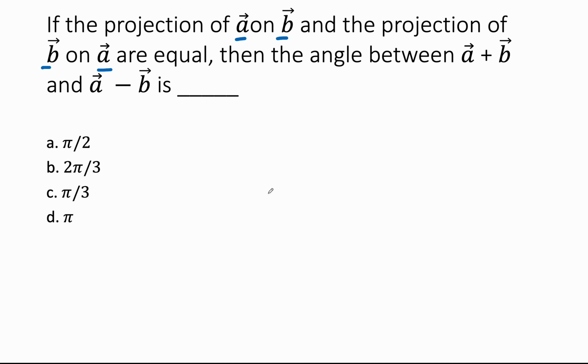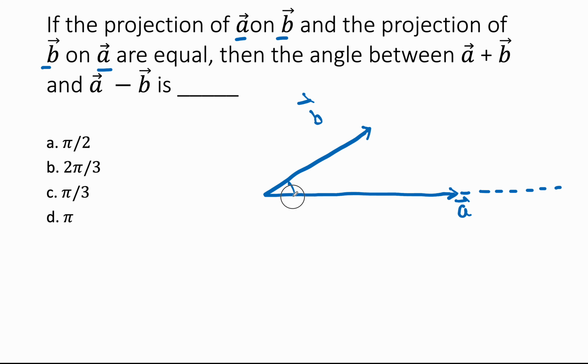Let's say this is a vector A and this is a vector B, and the angle between these two vectors is theta.